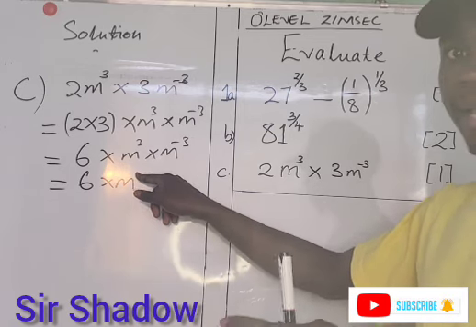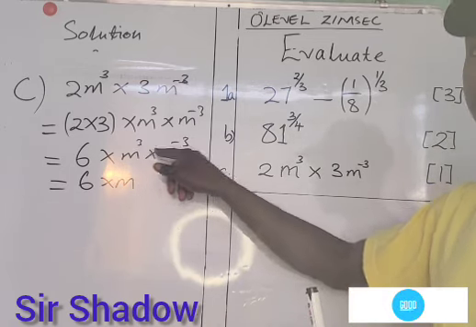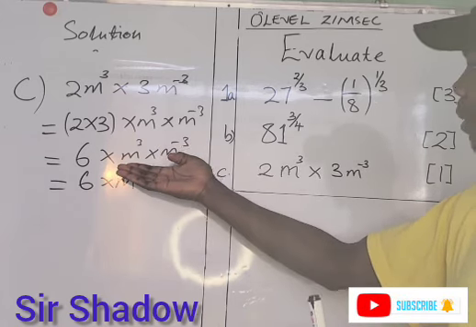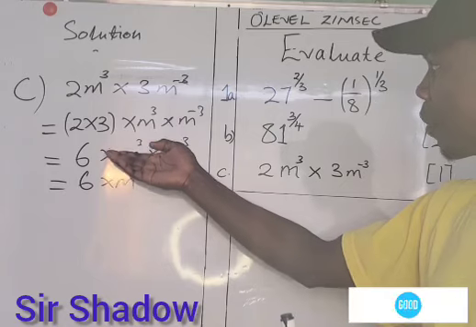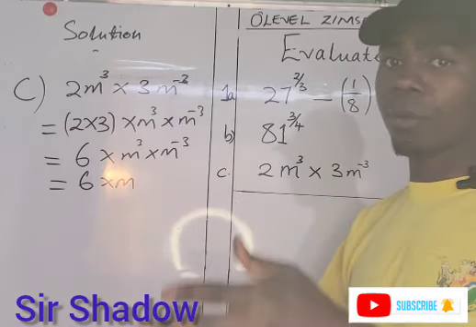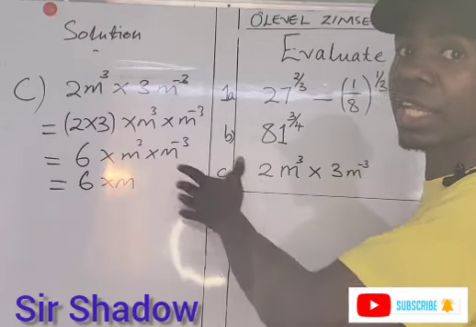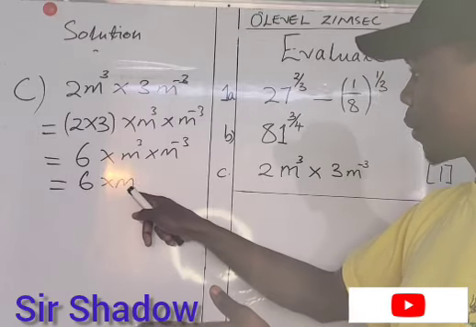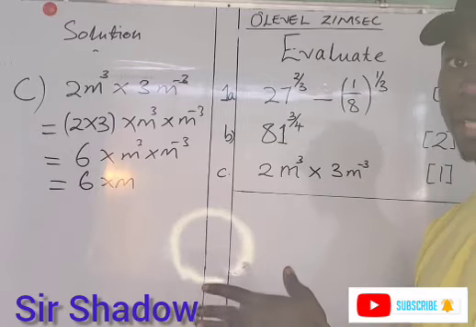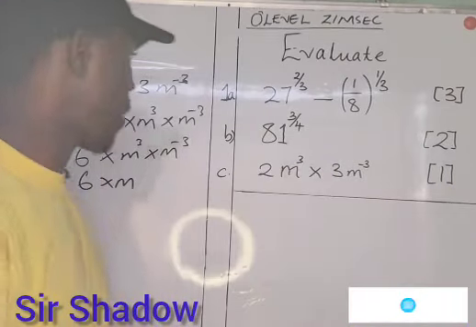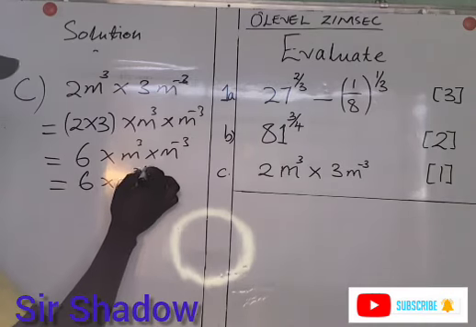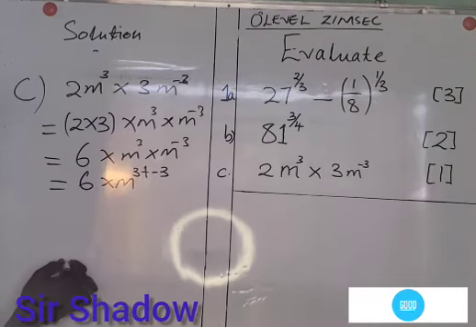If you are multiplying the same base, we have to add the powers. We have m to the power 3 and also m here, but you are multiplying, so we add the powers. Maintain the same base, like what you did here. We add the powers if you are multiplying, but if you are dividing, you subtract the powers.